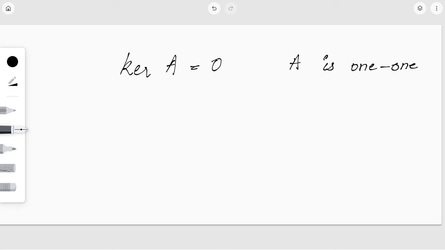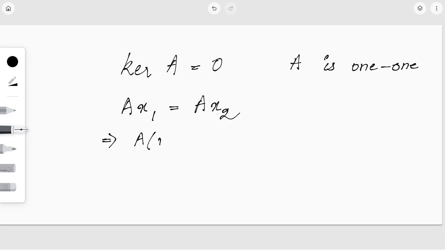So suppose Ax1 is equal to Ax2. To show that the mapping A is 1-1, we need to show that if Ax1 is equal to Ax2, then x1 must be equal to x2. Now this implies A(x1 minus x2) is equal to 0.